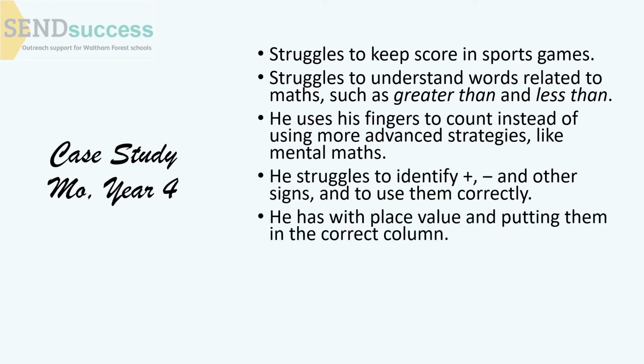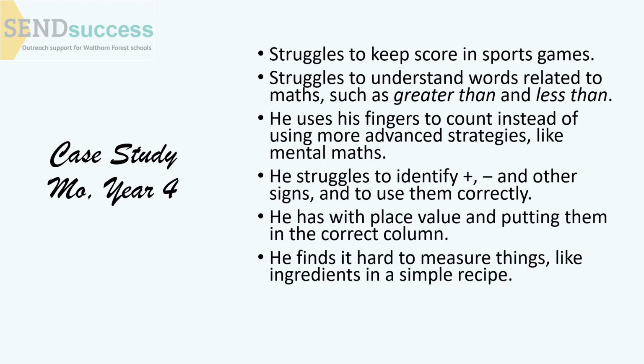This also relates to a difficulty with using numerals in place value systems and where to put them, which column to put them. Finds that really difficult. And he finds it hard to measure things like ingredients in a simple recipe. He doesn't have a mental image of the difference between 5 grams or 500 grams. So there's a problem with quantity, and fractions.